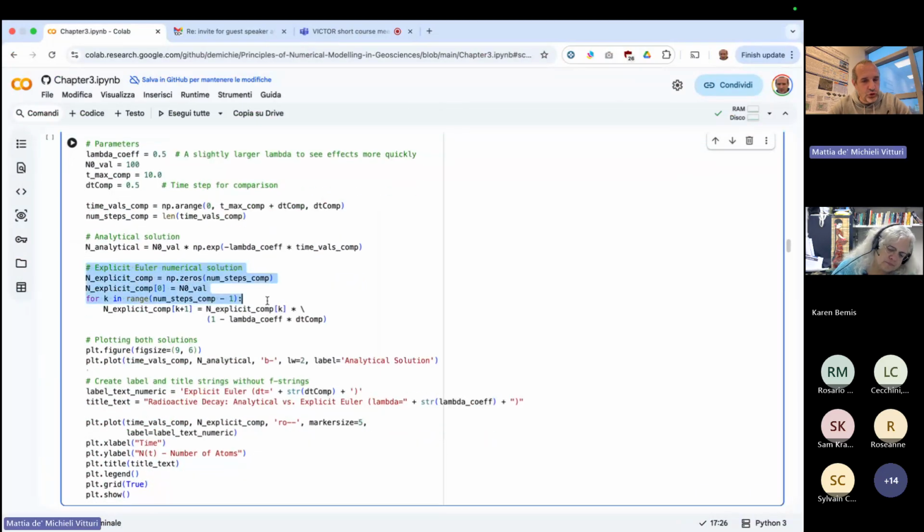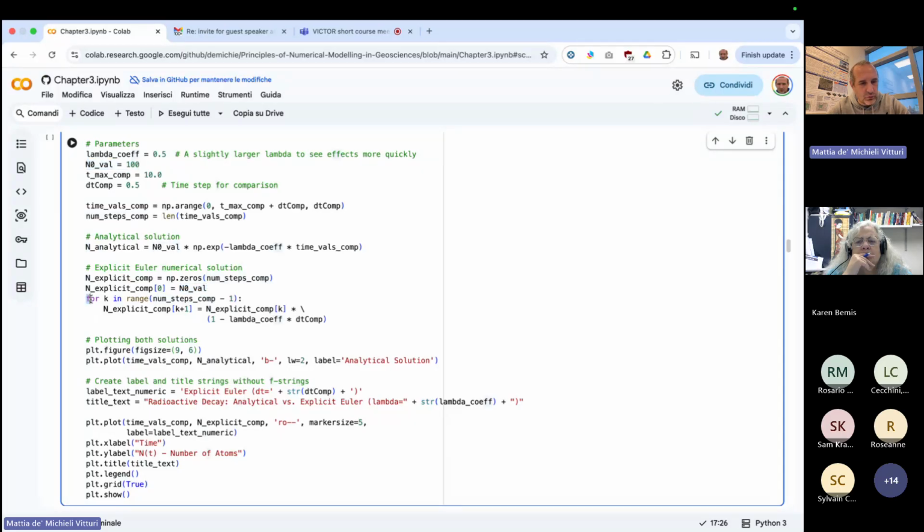For the numerical solution, we do exactly what we have done before. We initialize an array with the same length of the time steps. We initialize the first element of the array, which is the number of atoms at the time 0, with the parameters that we defined here.